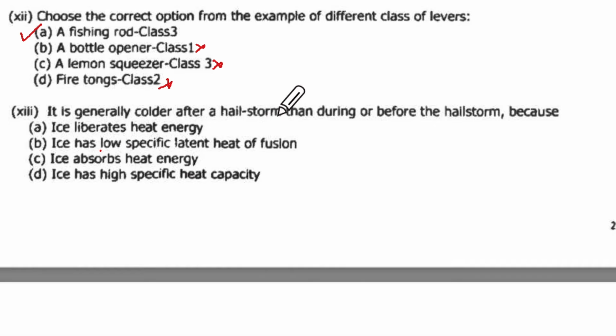So it will be cooler after the hailstorm because the ice is going to absorb heat energy to melt, correct? Understanding? When it melts, it is going to absorb heat from the surroundings.